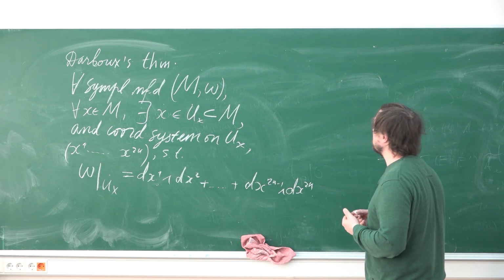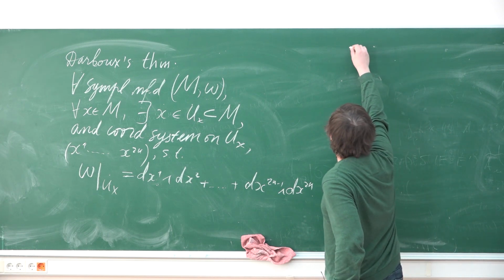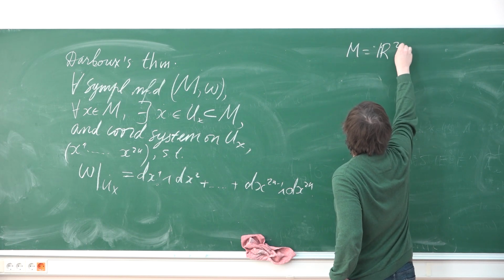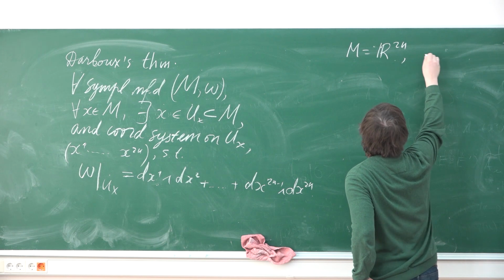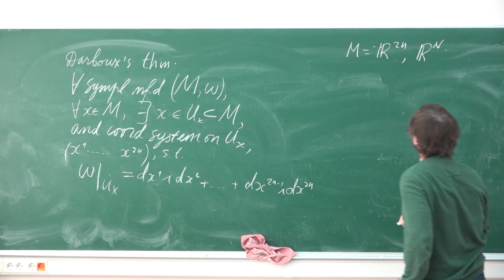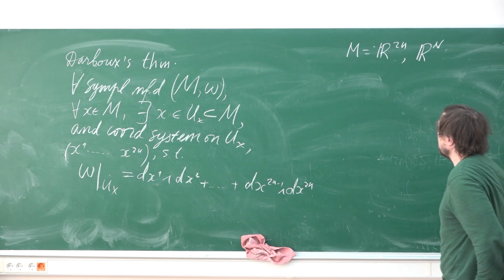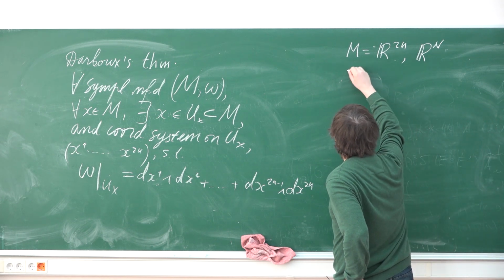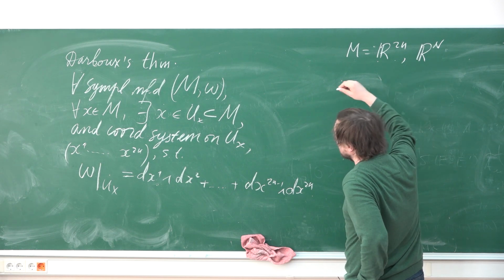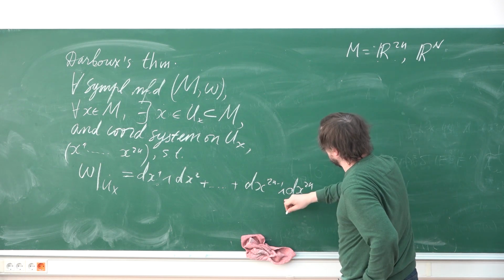When I say Poisson, I mean that even when M is equal to Euclidean space, of any dimension, we need not write the structure in this way.